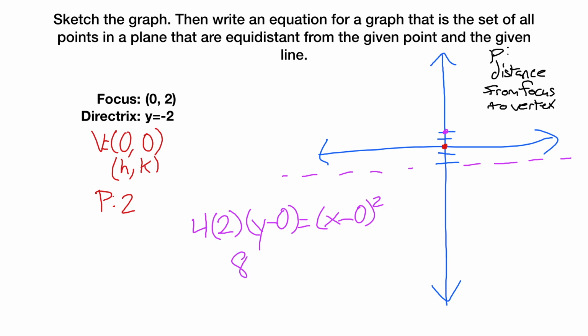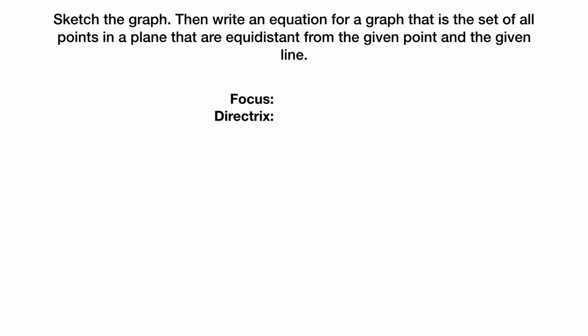So it becomes 8y equals x squared, and I personally would go y equals x squared over 8. And that would be my equation. So let's actually draw that up. All right, let's try another one.